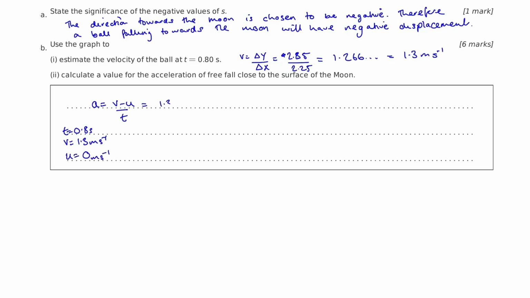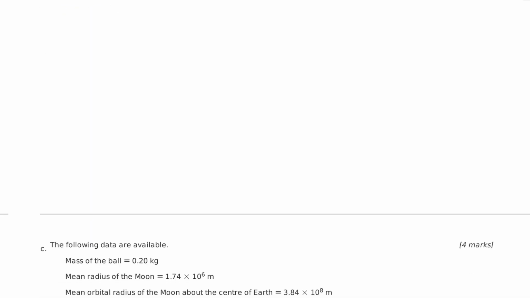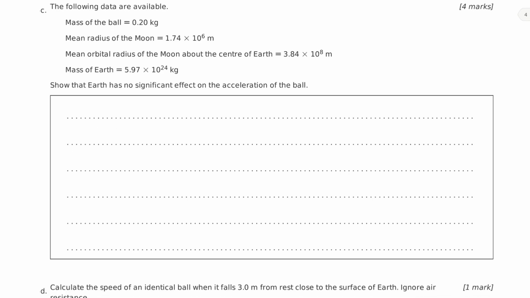So we have 1.3 minus 0 divided by 0.8 gives us an acceleration of 1.6 meters per second squared. There we are. What's next? I'm going to just note down the data we've got here. 1.6 meters per second squared on the moon.